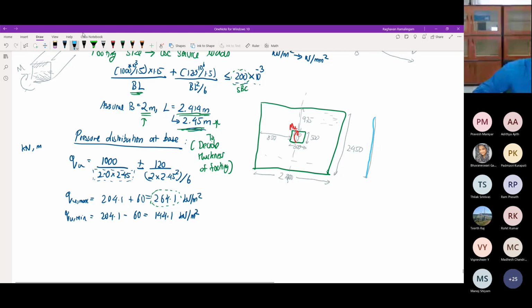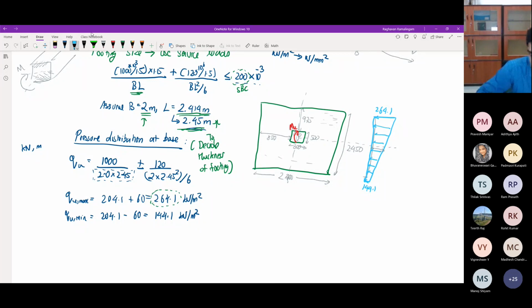So my pressure distribution looks like this. On this side it is 264. It reduces and becomes 144 here. I would also want to know what is the pressure at the center of this part.